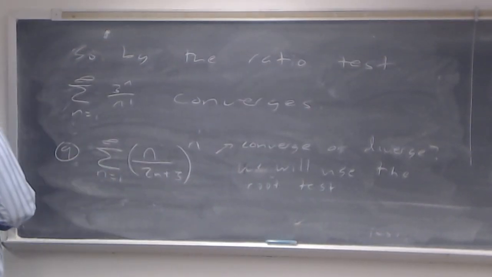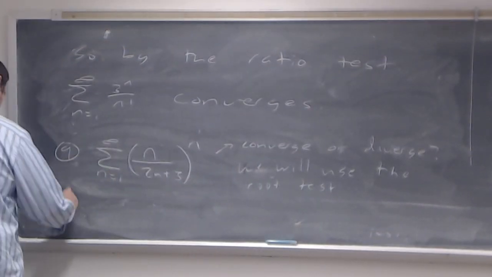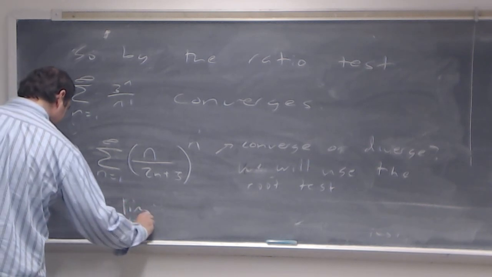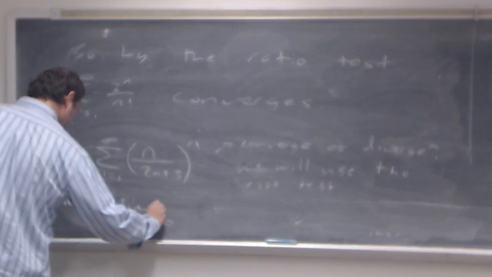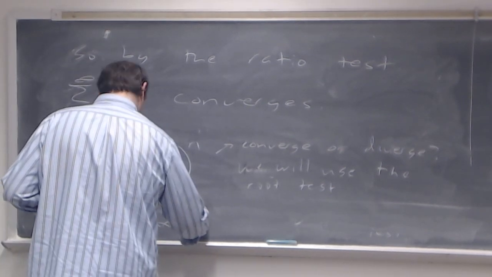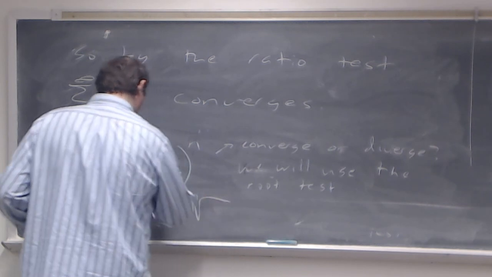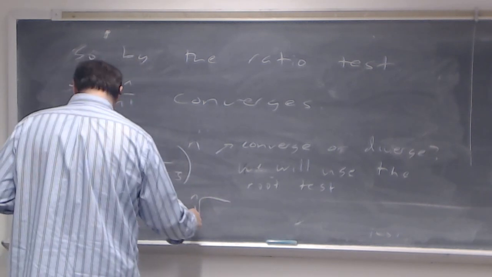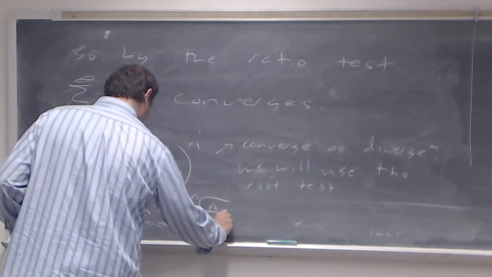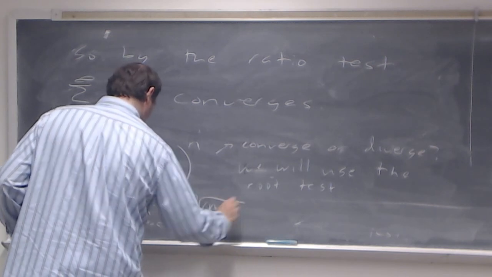And so here, what we note is that the lim sup of the nth root of the absolute value of this guy, which is just itself, n over 2n plus 3 raised to the nth power.